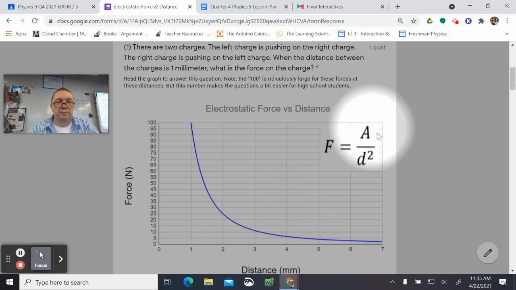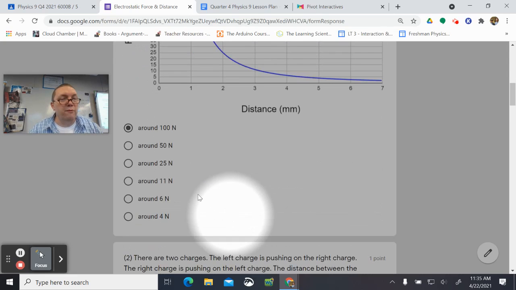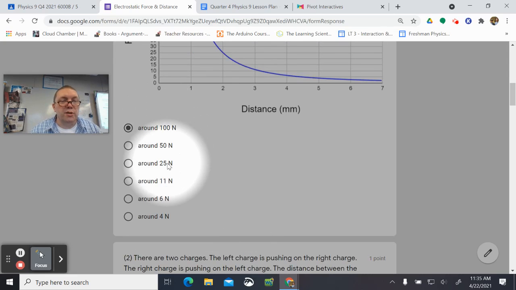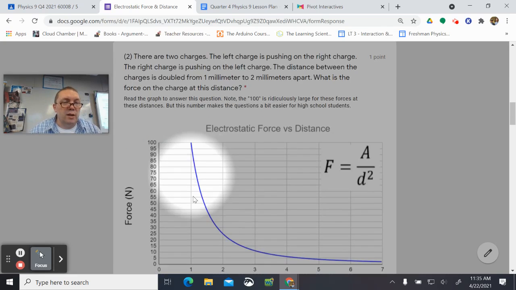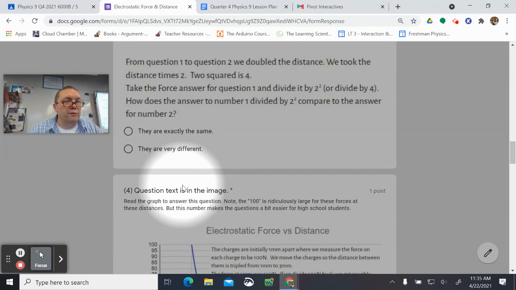It's like saying A is the same, but now I change this from D to 2D, and then square that. So that's like 1/4. This force is 1/4 as much. 100 divided by 4 is 25. We doubled the distance, and we got 25 newtons. So they should be the exact same.